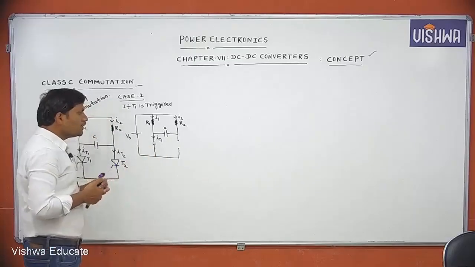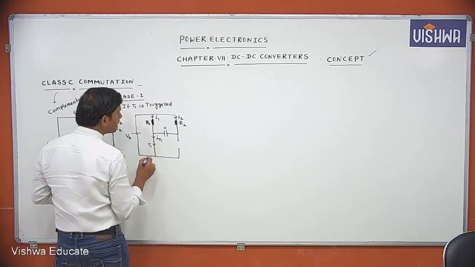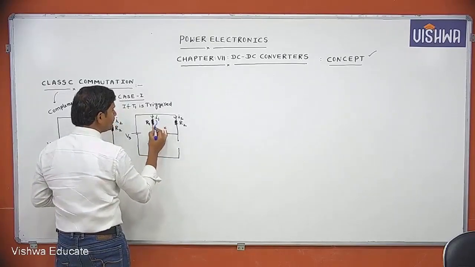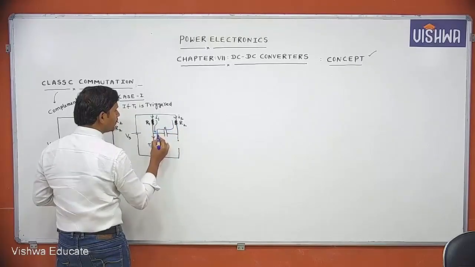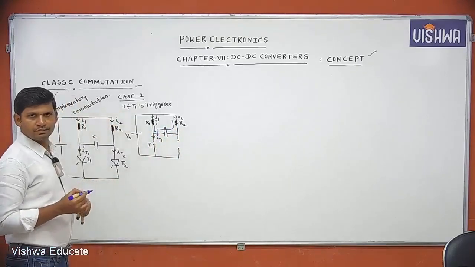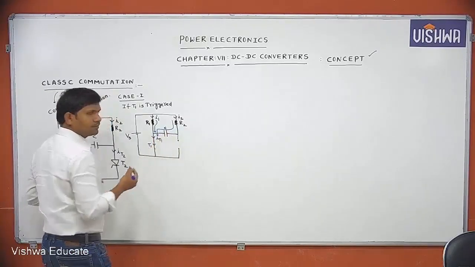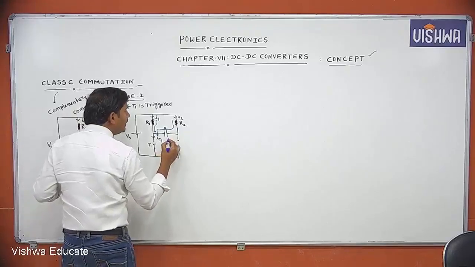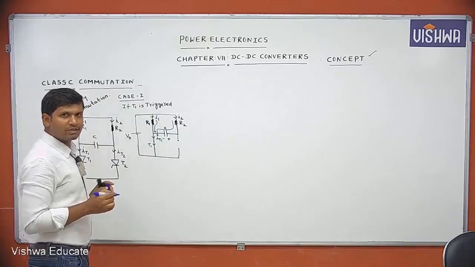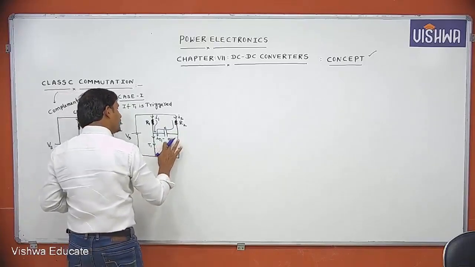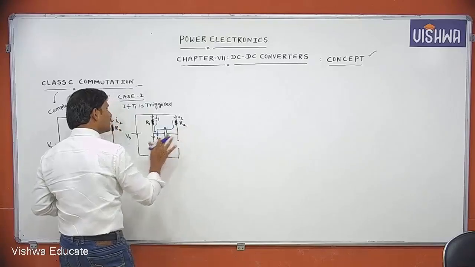There exist two currents through the T1 thyristor, one is the I1 current, another is the I2 current. Slowly the capacitor is charging with polarity plus minus Vs. But at the instant of triggering, initially there is no voltage across the capacitor.